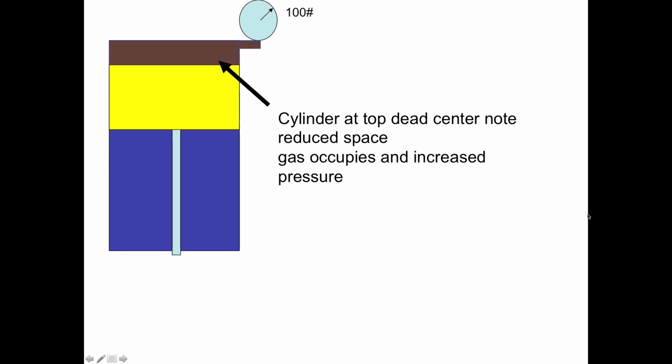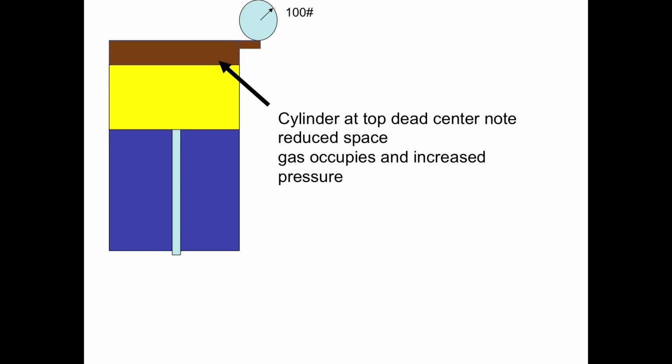Okay, if I move the piston up in the cylinder, the gas occupies less space, so its pressure is going to increase. See, before we had 0 psi, now we got 100 pounds. So that's really all it is. If I reduce the amount of space, then the pressure of the gas increases.